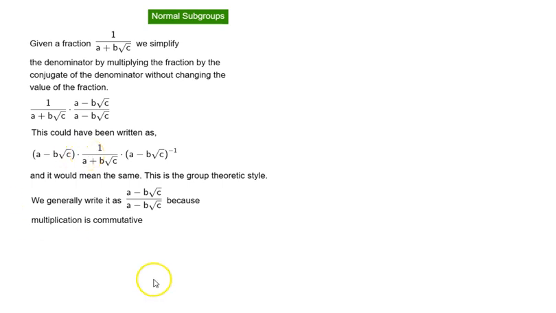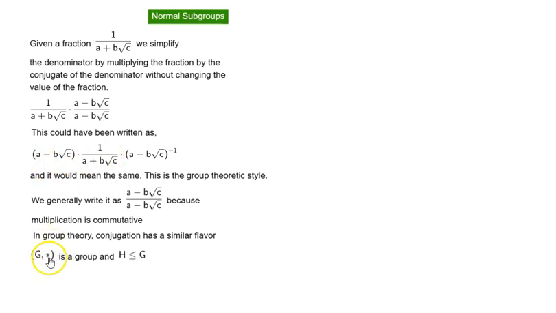But in group theory, remember, we don't assume commutativity. The group operation may be commutative, may not be commutative. So in group theory, conjugation has a flavor similar to this.